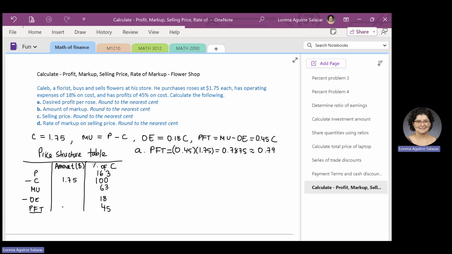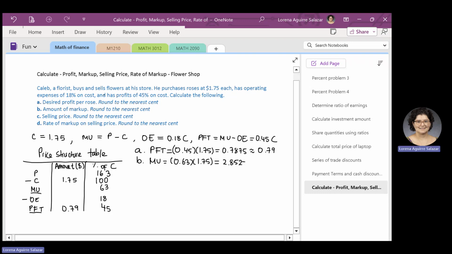Part B requires us to find the amount of markup. The amount of markup is 63% of the cost, and the cost is 1.75. Then markup is given by 63%, 0.63 times 1.75. When we compute this number, we obtain 2.8525. Sorry, that's not the number we get.